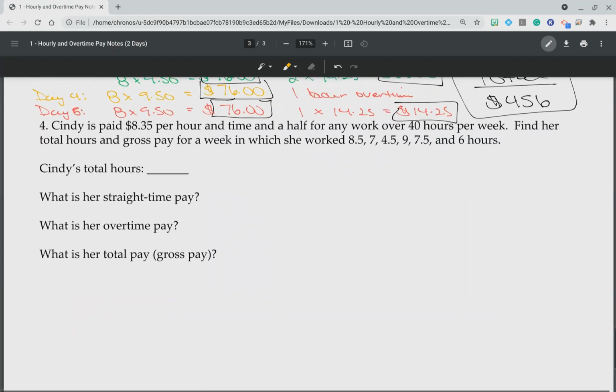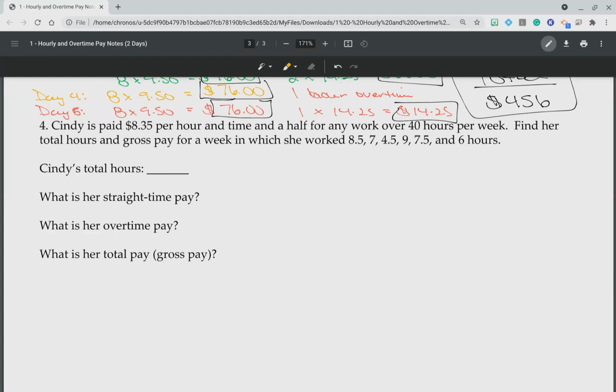All right. I'm going to give you an opportunity to work this one out on your own in some pieces here. So it says Cindy is paid $8.35 per hour and time and a half for any hours worked over 40 hours per week. So this is back to overtime being total numbers per week.